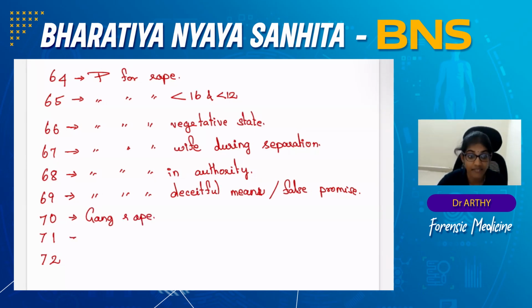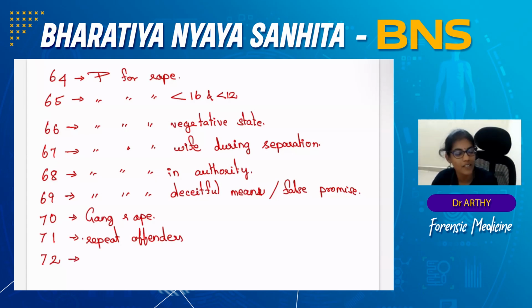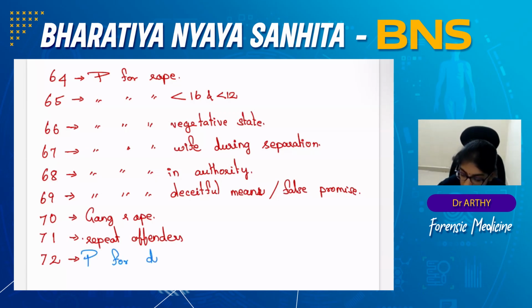And 71 talks about repeat offenders. They come back and do the same offence again and again. Now, 72 is not a punishment for rape, but it is punishment for disclosing the identity of the victim.